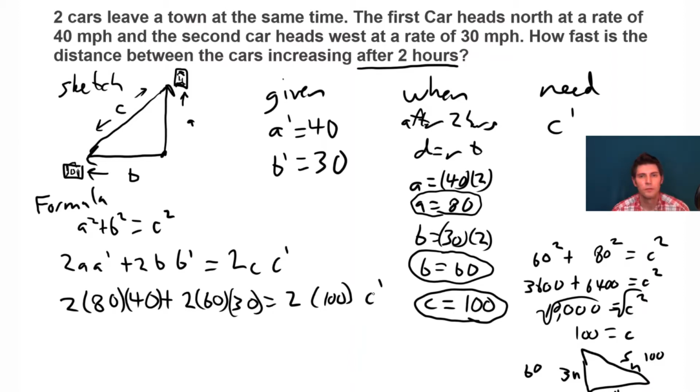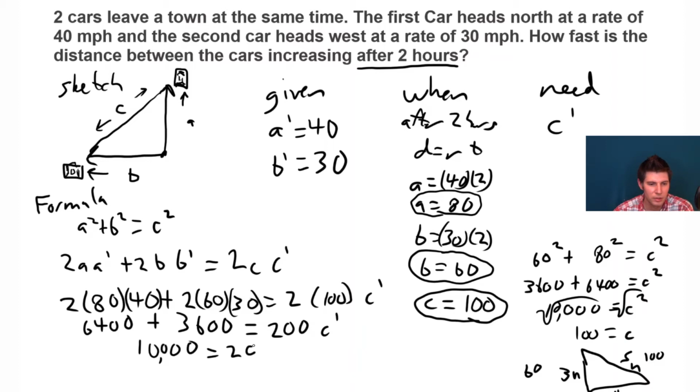This isn't too bad. 40 times 80 is 3,200, times 2 is 6,400, plus 60 times 30 is 1,800, times 2 is 3,600, equals, and 2 times 100 is 200 C prime. Now add these together, we get 10,000 equals 200 C prime.